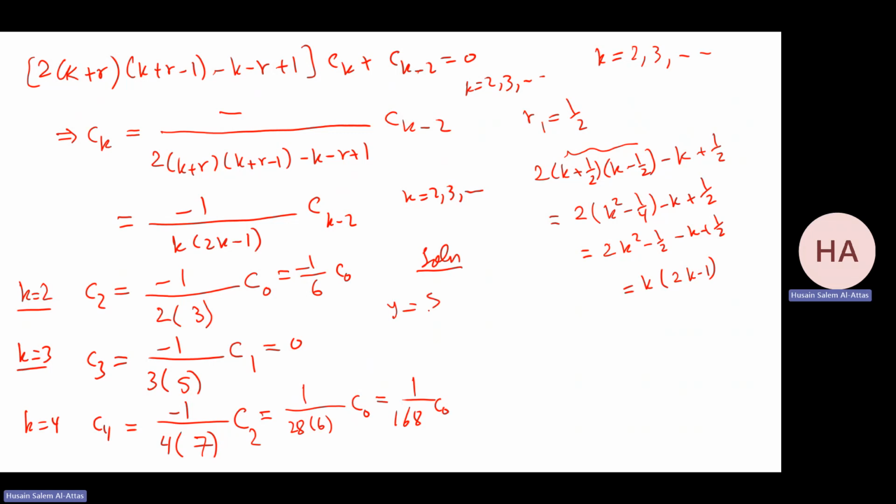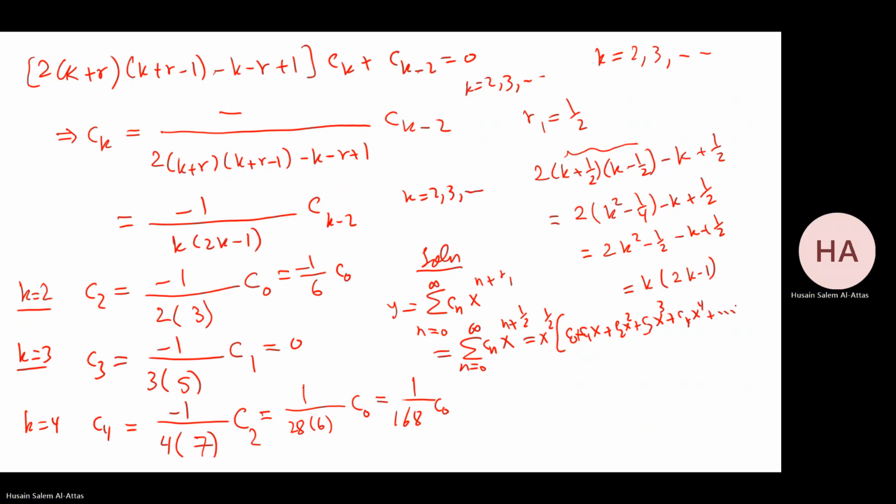Okay, so the solution will be y equals the summation n equals 0 to infinity of Cn x to the power n plus r1, which is half. That is the sum of Cn x to the power n plus half, where I can take x to the power half outside. That will be C0 plus C1x plus C2x squared plus C3x cubed plus C4x to the power 4, and so on.